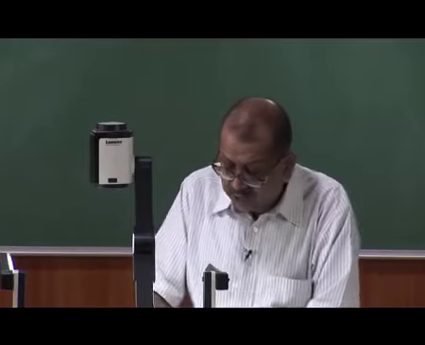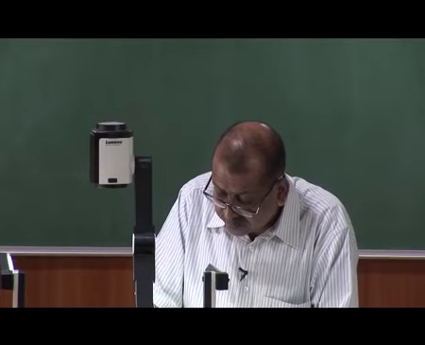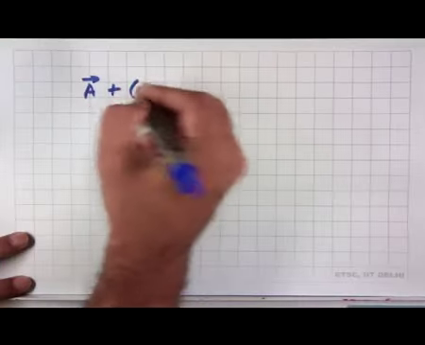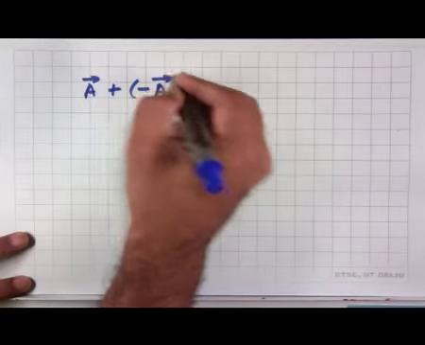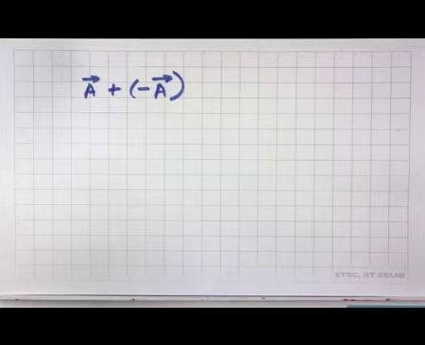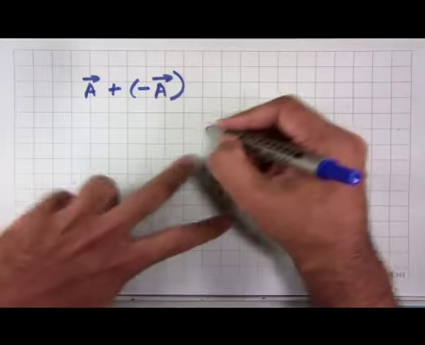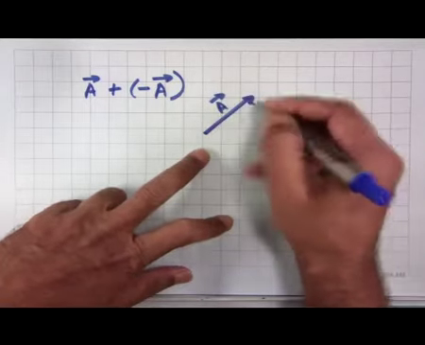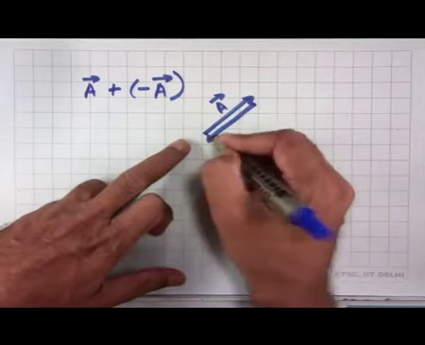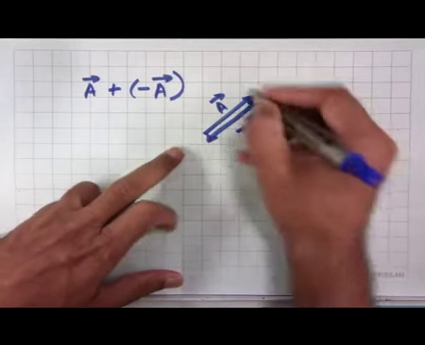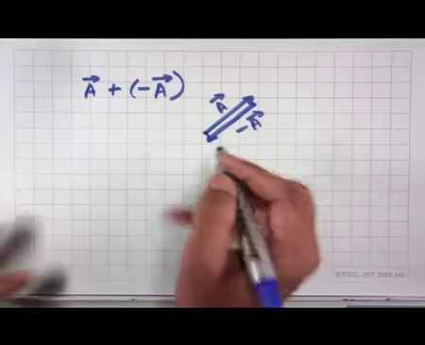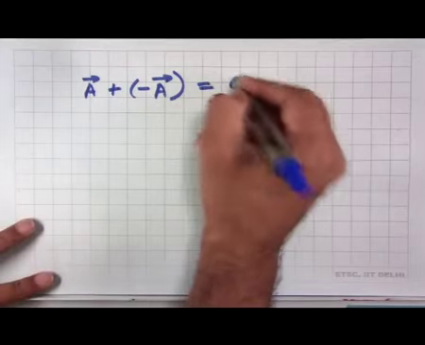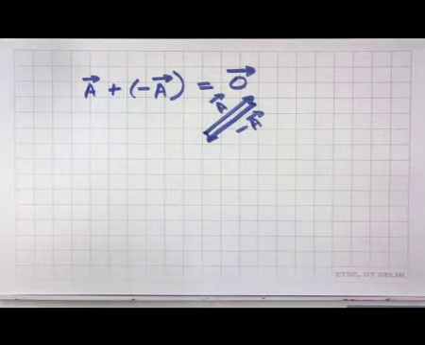Now, we also have, if we look at A plus minus A, we add the vector to the negative of itself. Let us try to do this. So, this is vector A. Now, at the head of this I place a vector which is minus A, that means I come back to the same point. So, the sum of these two will be a vector which we call the 0 vector.